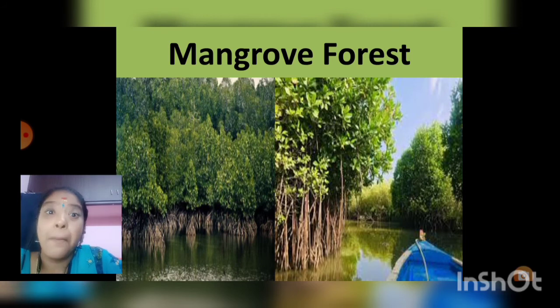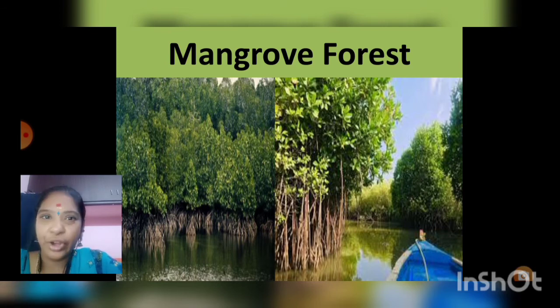Next comes mangrove forest. It is quite an interesting and new forest for us to learn. Usually the roots of trees go underground into the soil.